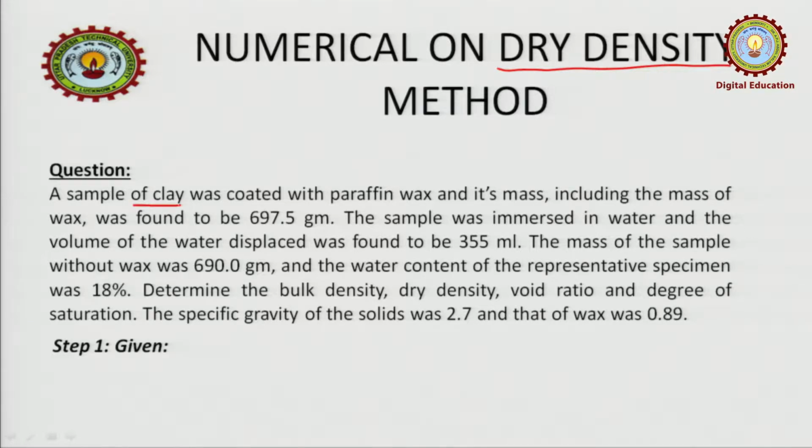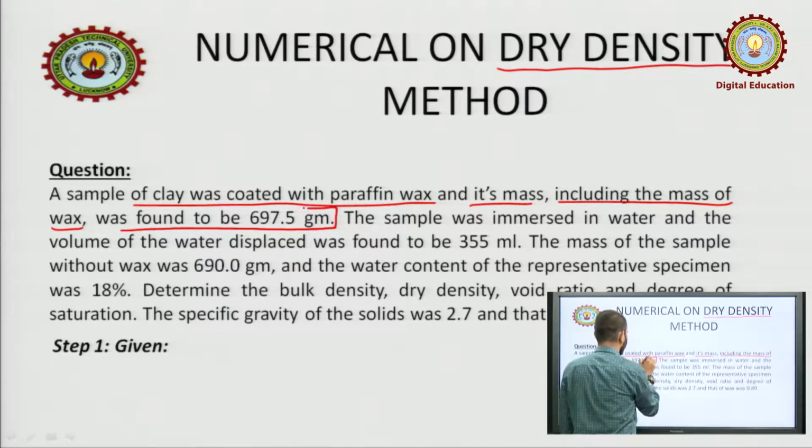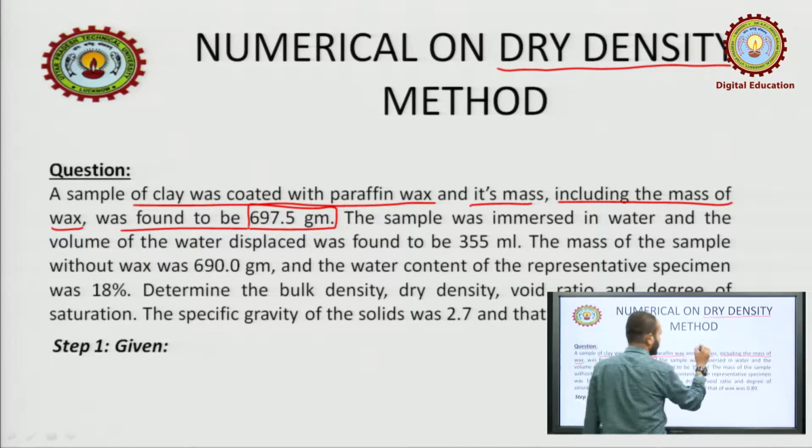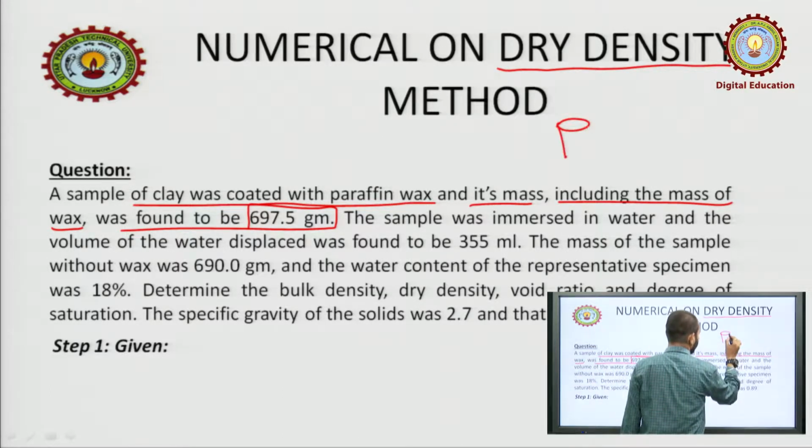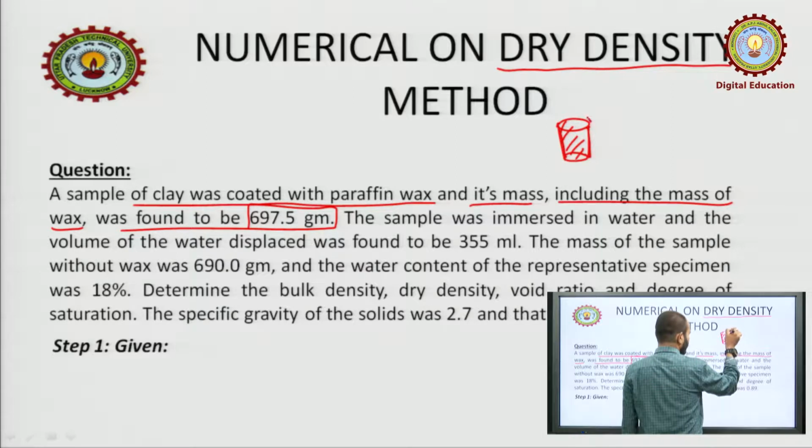A sample of clay was coated with paraffin wax and its mass, including the mass of wax, was found to be 697.5 grams. What does this mean? First of all, suppose you have a sample of soil, something like this. This is coated with a layer of paraffin wax. Okay, you know what is wax.